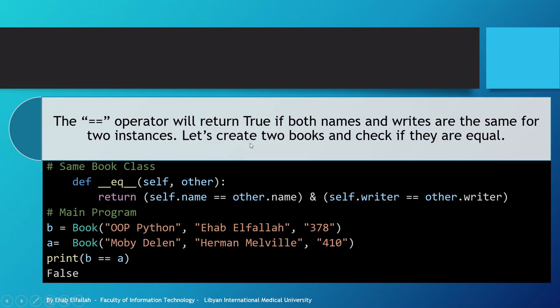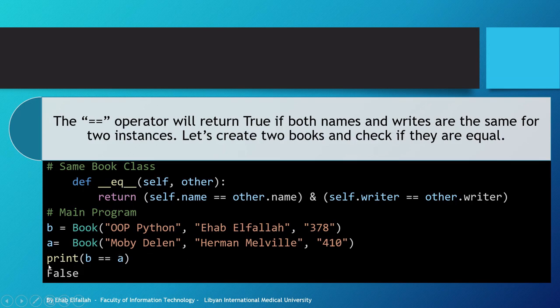Let's create two books and check if they are equal. After we define this equal method, here we have the main program. Here we create two instances. The previous instance is B, consisting of OOP Python by Ihab Alfallah, and another object called A, consisting of another book.